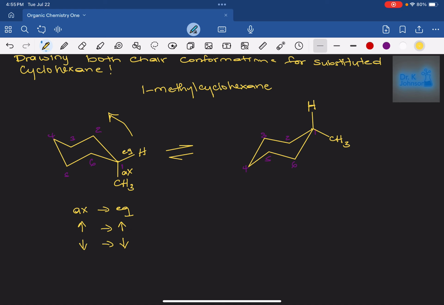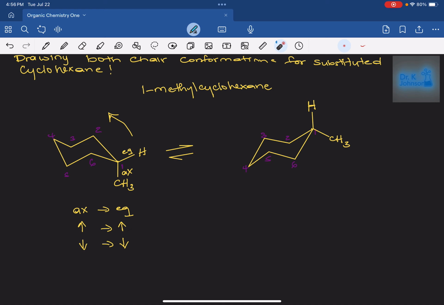You need to remember: if it's axial, it becomes equatorial when the chair rotates. If it's up, it stays up. So your CH3 here is down, it stayed down. Your hydrogen here is up, equatorial up, now axial up. You need to remember that for your chair.